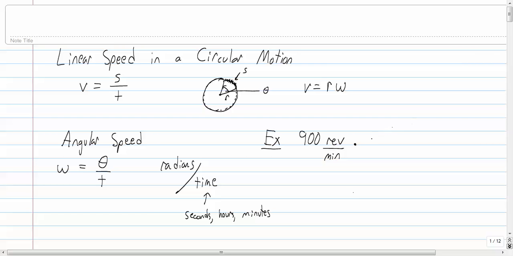So I want to multiply this times 2 pi radians per what? Revolution. Aren't there 2 pi radians in one revolution? Yes. So my angular speed would be 1800 pi radians per minute.